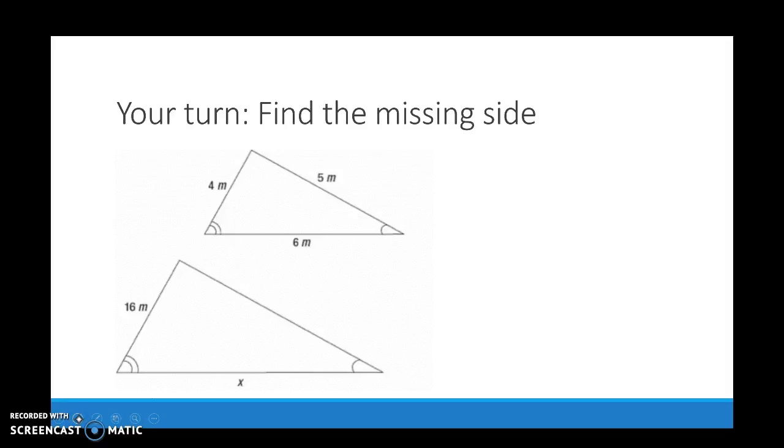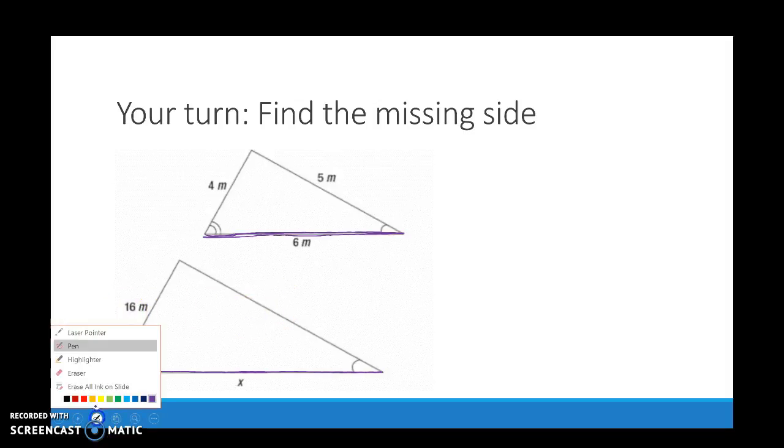So the next one, I want you guys to go ahead and write your proportion. So let's go ahead and label our corresponding sides real quick. So we have x, and we have 6. Now, if you see here, we either have 4 or 5 up top or 16 and nothing on the bottom.